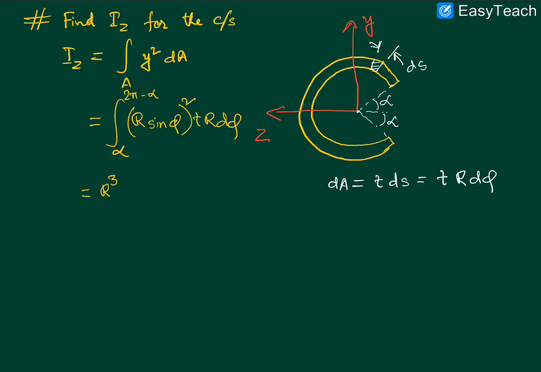So the r cube will come outside. We'll have t also coming outside, and we'll have this thing, sine square phi d phi.